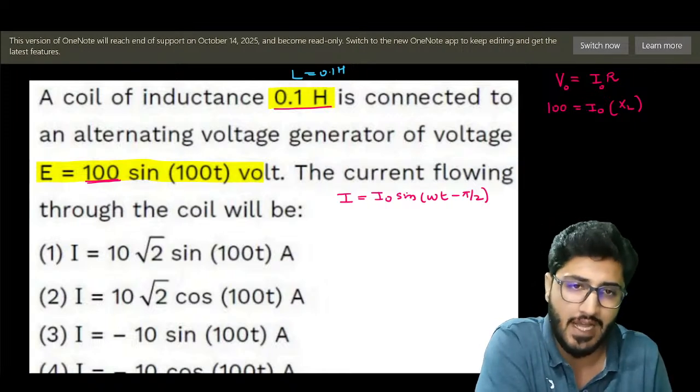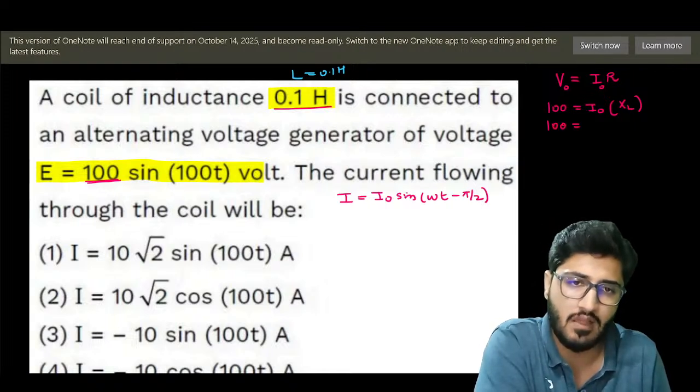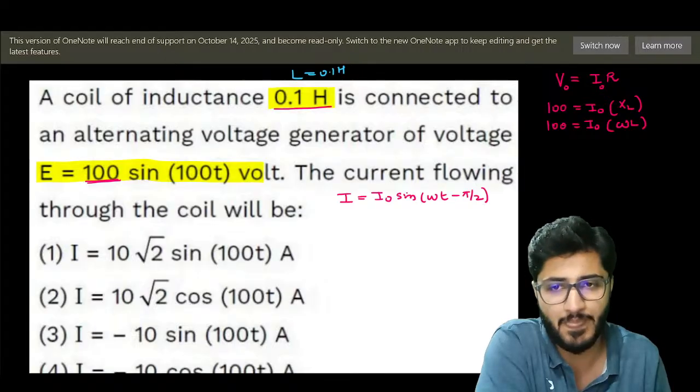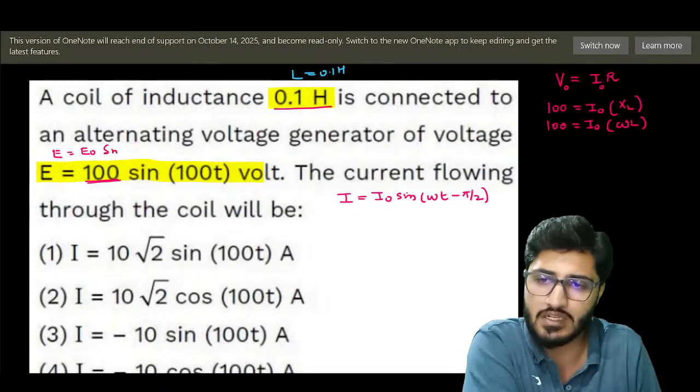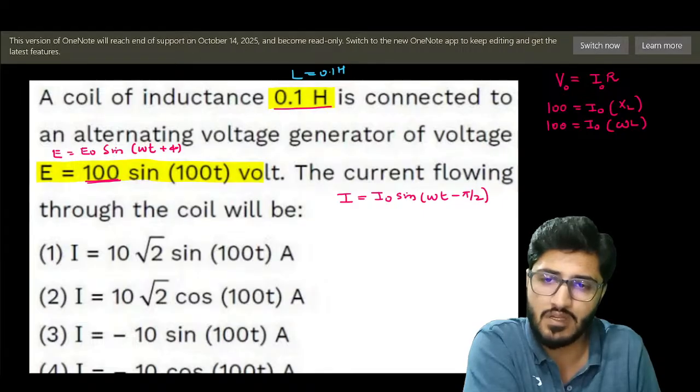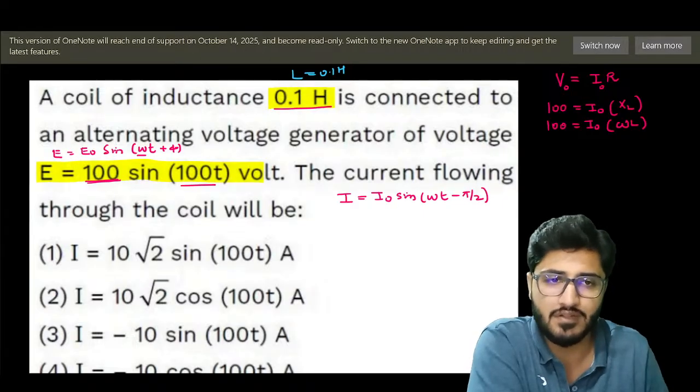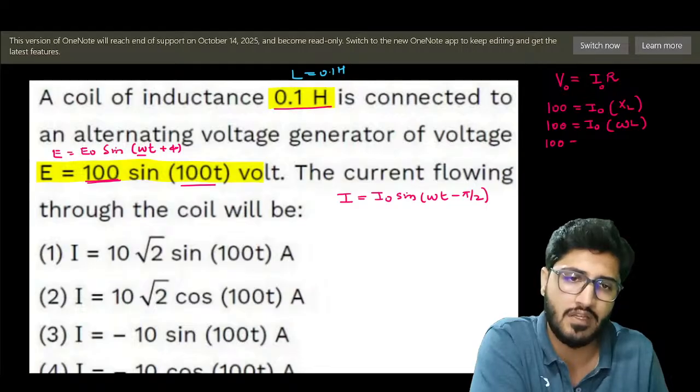Okay. I can write 100 equals I naught times XL. What is XL? It is omega times L. Now compare this equation as E equals E naught sine omega t plus phi. So omega came out to be 100. So I can write 100 equals I naught times 100 multiplied by 0.1. 100 cancels out.